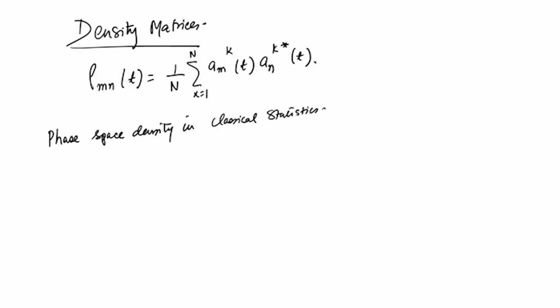The equation of motion of that is d rho dt equal to del rho del t plus the bracket of rho and h, which is called a Poisson bracket.